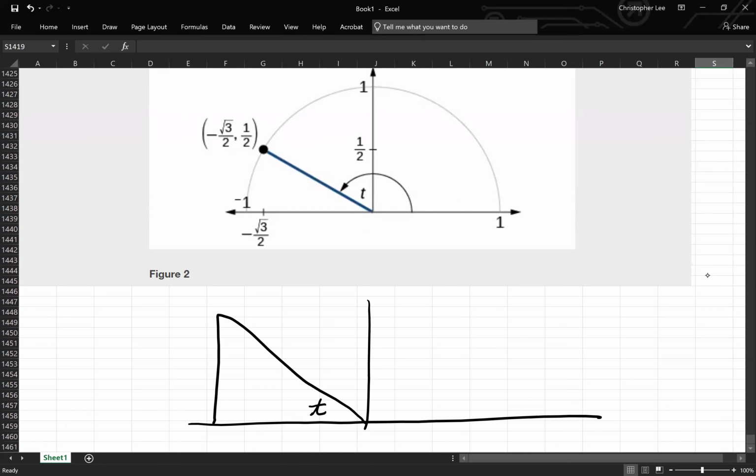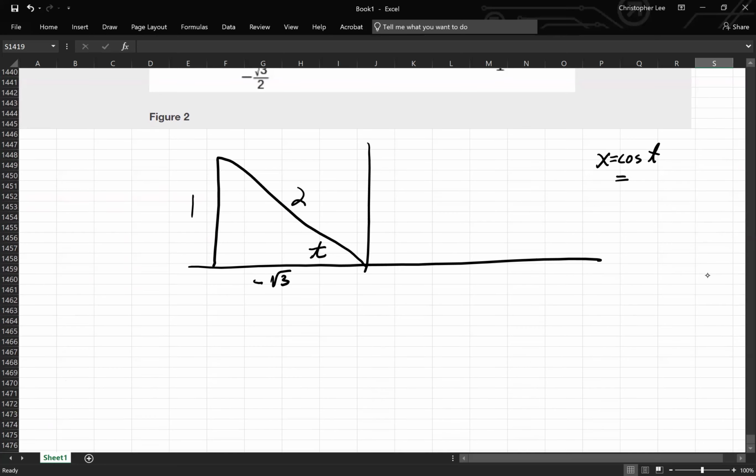And I see my X is equal to cosine of T. And remember, cosine is adjacent over hypotenuse. So what will be the adjacent here? Negative square root 3, hypotenuse 2. So what do I know after that? I know that this must be positive 1. And now I can find everything.